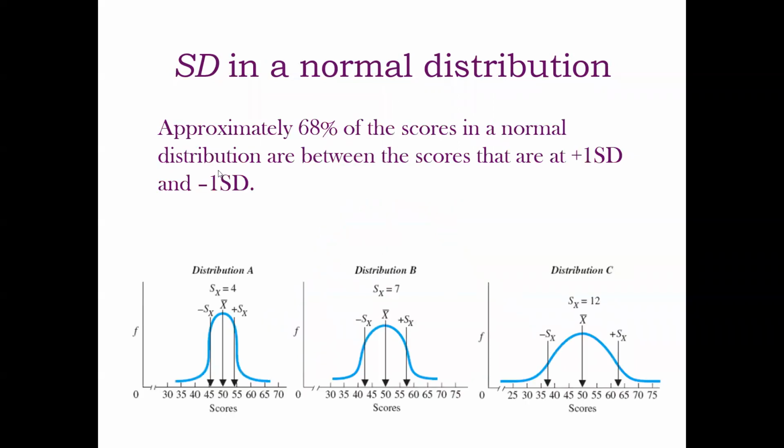Now, how spread out the distribution is doesn't really matter as long as it's normal. The differences here are not in that 68%. It's just the frequency. This is just more frequency in a smaller range. So 68% of the scores here, here, and so forth, as long as it's a normal distribution.